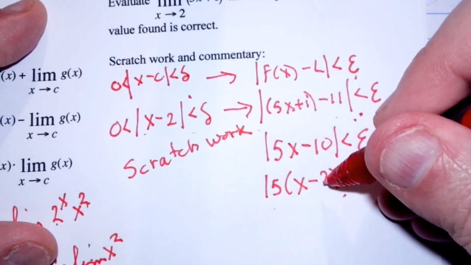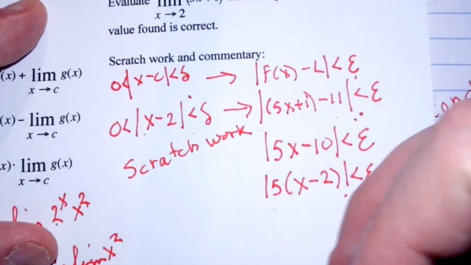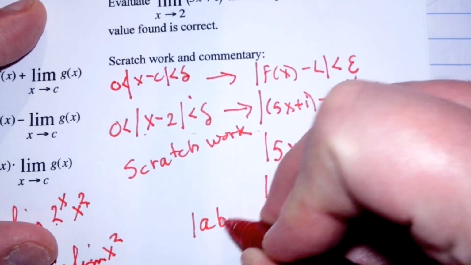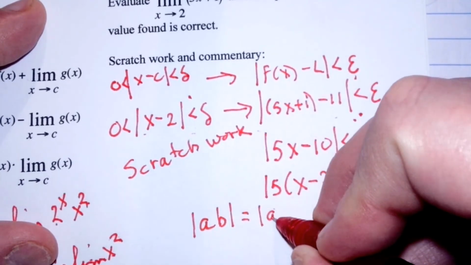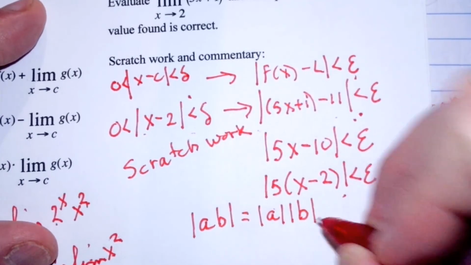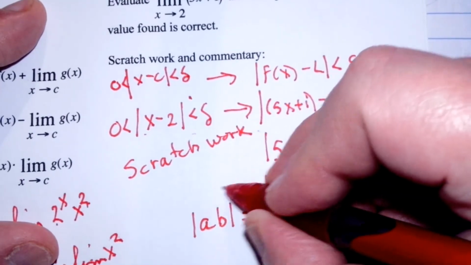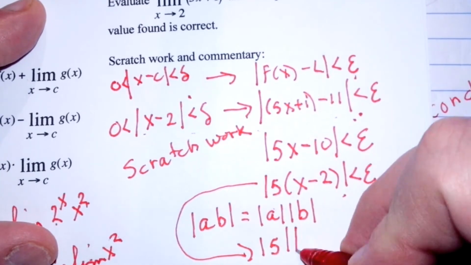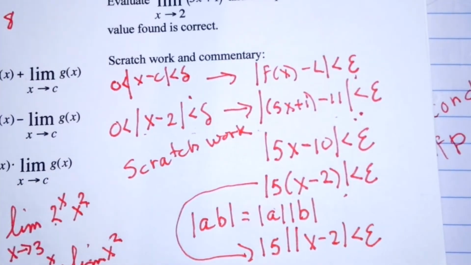Now, to go from this last step to the next step, we need to make an observation that you're going to want to use later. And that's the following about absolute values. If you've got the absolute value of a times b, that's equal to the absolute value of a times the absolute value of b. So in this case, what that means is that we have the absolute value of 5 times the absolute value of x minus 2 is less than epsilon.